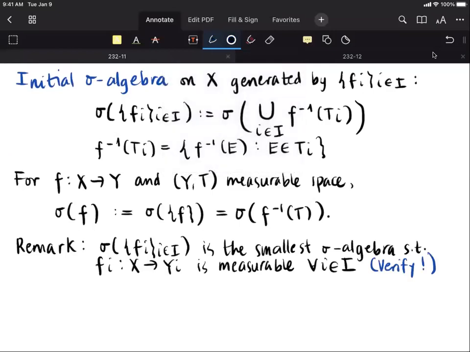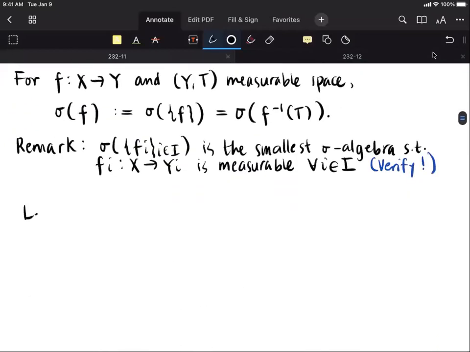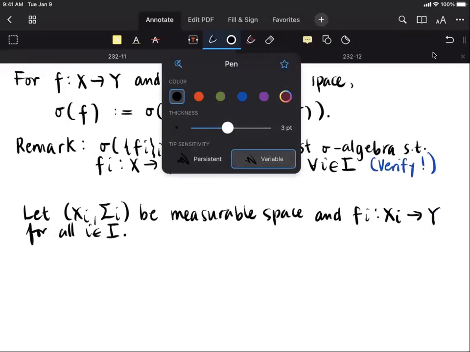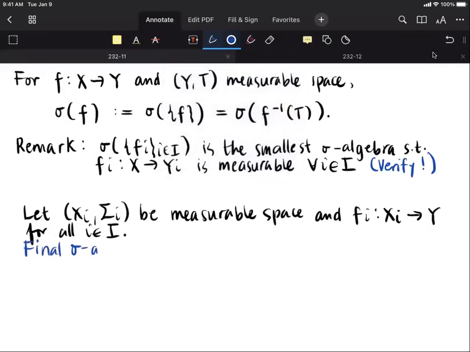So here, instead, we consider an index family of measurable spaces, X sub I, sigma sub I, and a function f sub I from X sub I to Y, for all I in the index set capital I. Then the final sigma algebra, which is now a sigma algebra on the codomain, that is the set Y, generated by this index family of functions, is defined as follows.